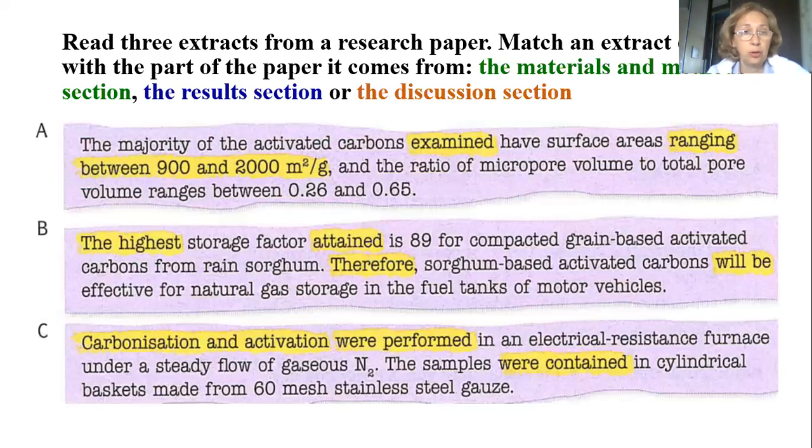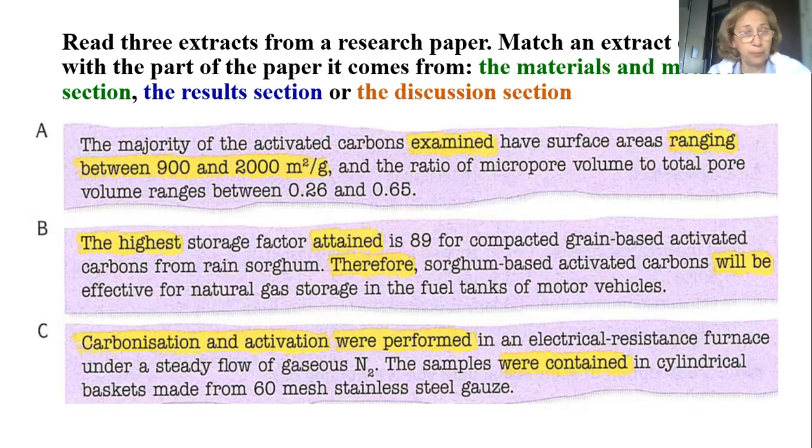And now we are going to read 3 extracts from a research paper and match each extract with the part of the paper that it comes from. So the parts are the materials and methods section, the results section, and the discussion section. We should understand which section each extract belongs to, okay?